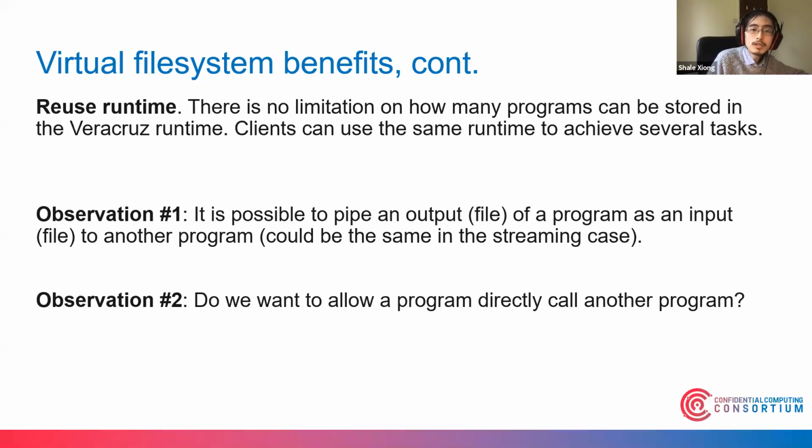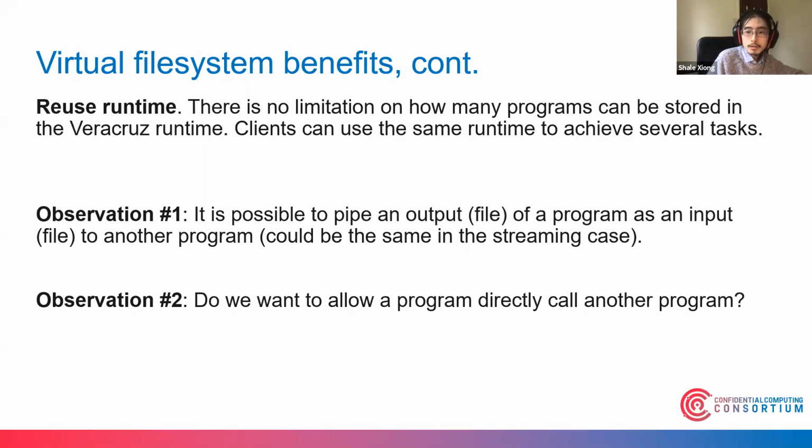There are two interesting observations here. First of all, given this virtual file system replacement, it is possible to pipe the output of a program as an input to another program. Obviously, in the streaming case, these programs are very likely to be the same.